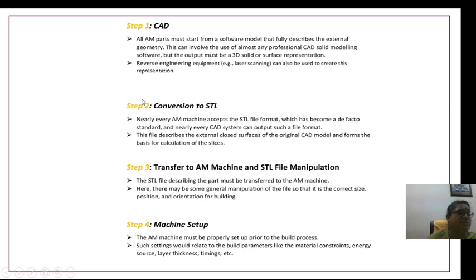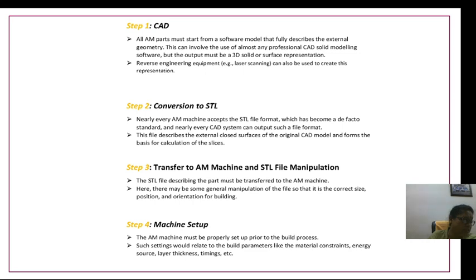The second step is the STL format. The first step is AM design. AM design means AM technologies use 3D computer aided design models, where the computerized products exist in a computer space and the values of their geometry, material and properties are stored in digital form and are readily retrievable.